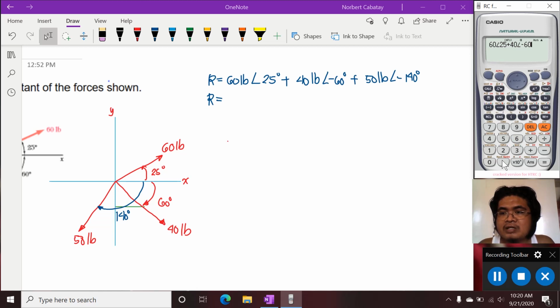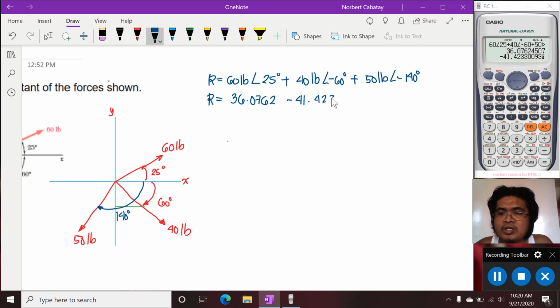Plus 50 angle negative 140, equals. So that's our rectangular form: 36.0762 minus 41.4233. So again, this is our summation of Fx, which is positive.